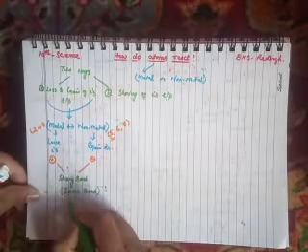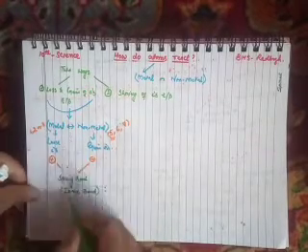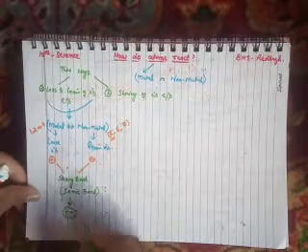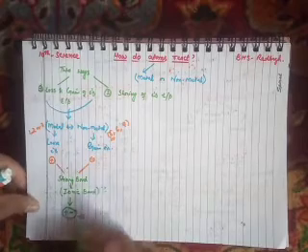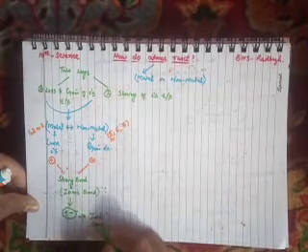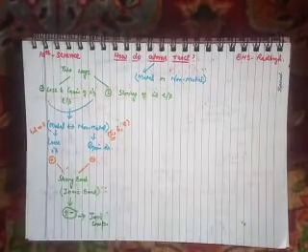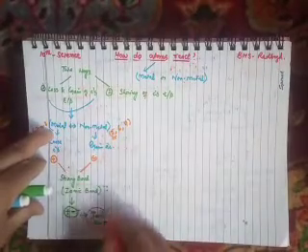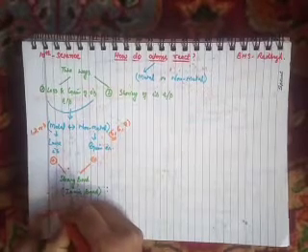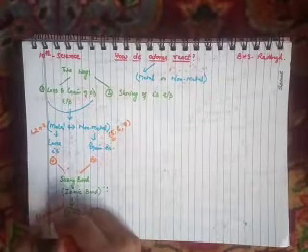And dear students, with this ionic bond, we have the formation of an ionic compound. These ionic compounds are also known as electrovalent compounds.